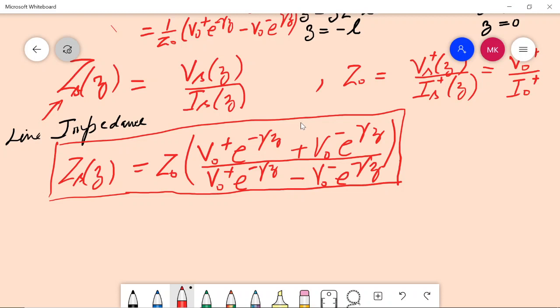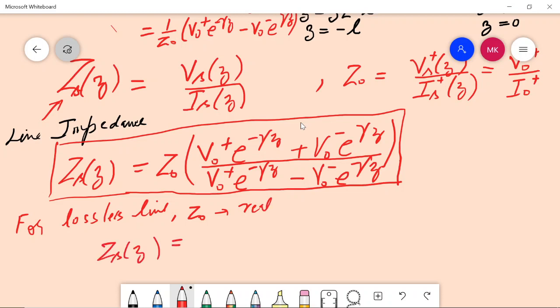For a lossless line, what will come? Z0 will be real, and Z(z) will become, now alpha will be absent here.